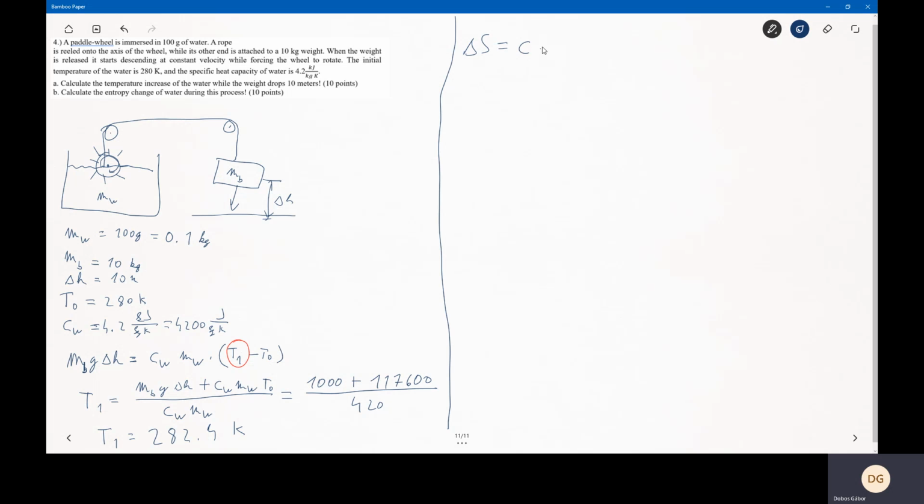This is C times M times ln the final temperature divided by the initial temperature, so this T1 over T0. And of course, because we have to calculate the entropy change of the water, then we need the specific heat capacity of the water and the mass of the water, right? And you can see I know everything in this formula, so all that is left is just to type this into my calculator.